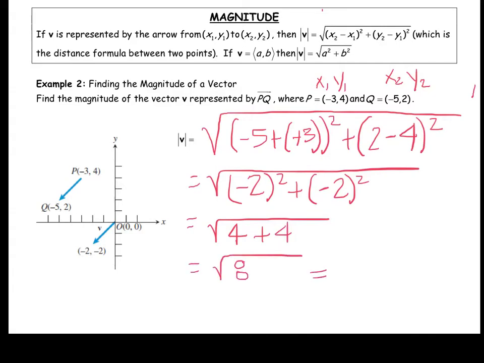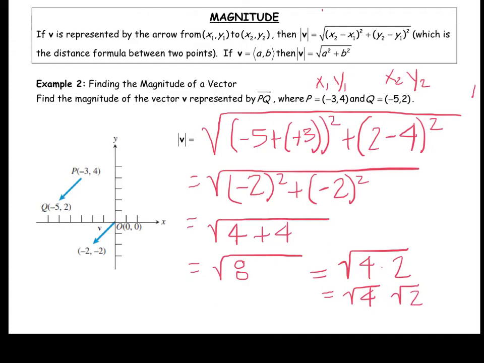Now, the length of this is the square root of 8. But I can reduce this, as some of us didn't spend very much time doing this in Algebra 2. I'm going to rewrite this. I'm just going to reduce this radical as the square root of 4 times 2, the square root of 4 times the square root of 2.